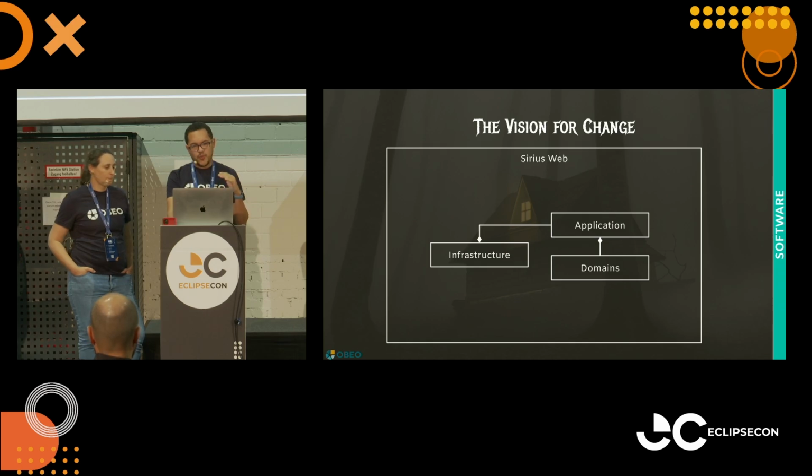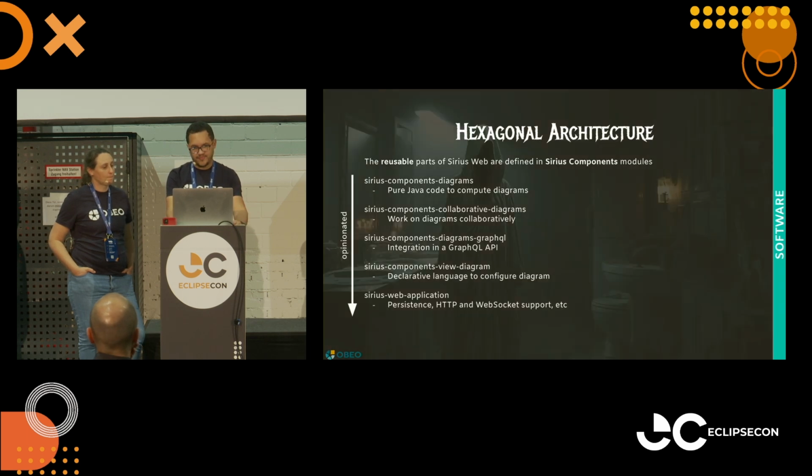As a result, we have a very, very reusable domain layer with both data structure and behavior, and an application layer optimized for those who want to reuse Sirius Web as a platform. So this restructuring led to more than 3 dependency levels. We have at least 5 levels of granularity in our dependencies in the backend now.